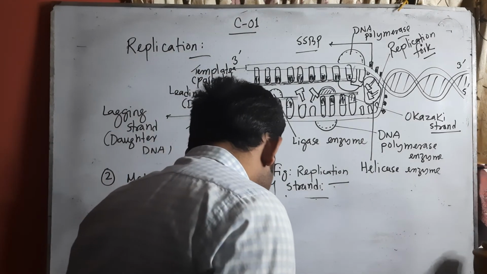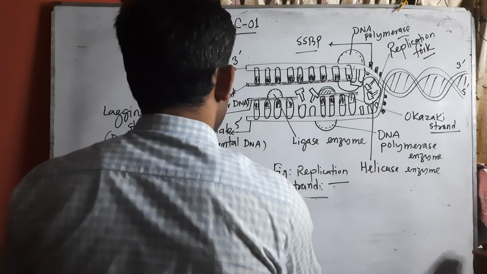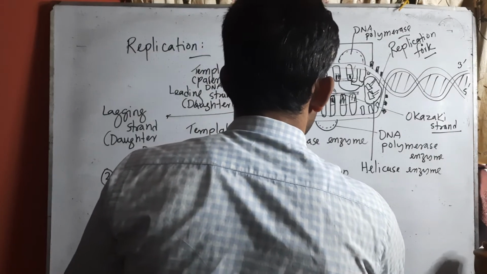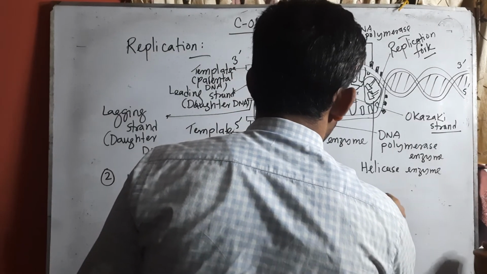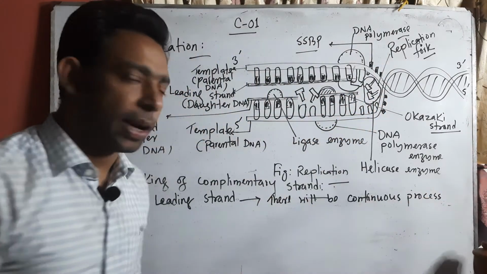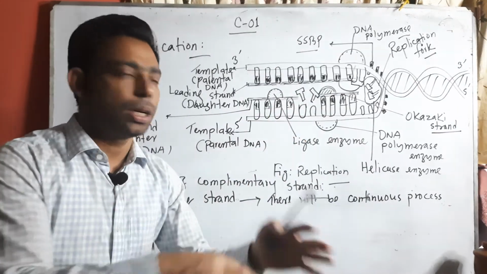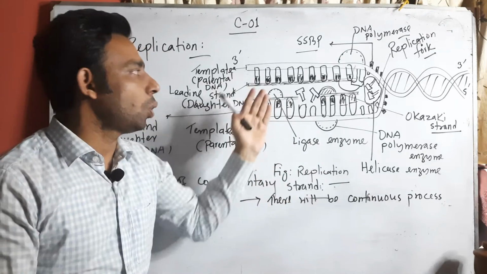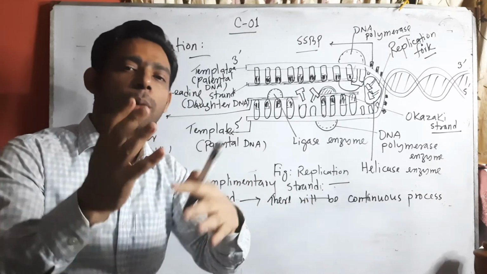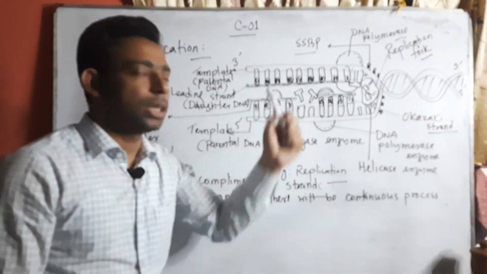There will be a continuous process where there is no chance of separation or disjunction in the leading strand. Always they go through a continuous process. That means they always form up with the parental strand and make the photocopy, the duplication. There will be no change there.